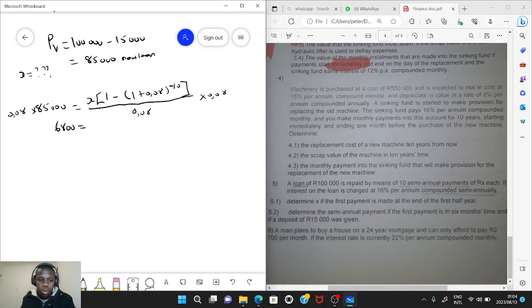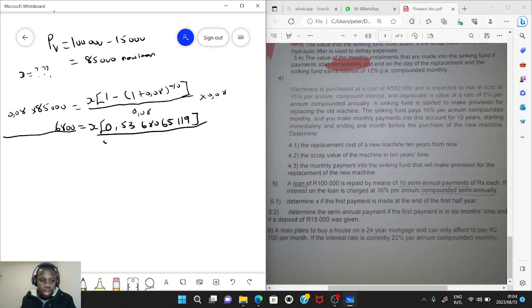And on your right you'll be having x into 1 minus 1 plus 0.08, right, to the power negative 10, right? And then in brackets we'll be left with 5,368,065,119, right? And then we divide both sides by that.